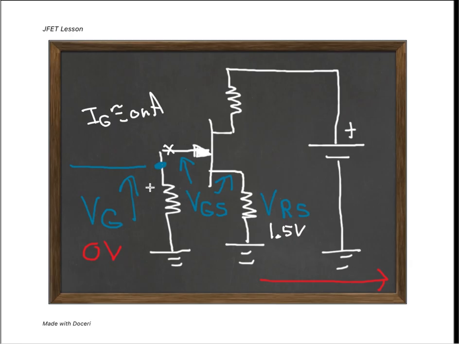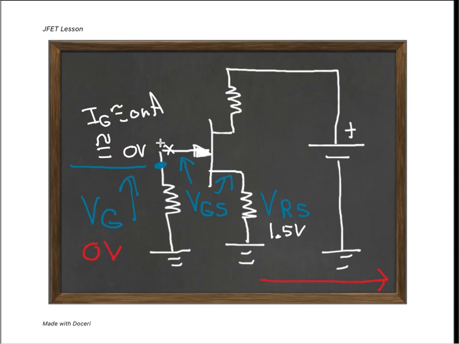So that means then essentially there's no voltage across this 10 megohm gate resistor because the current is so small. So if this is the ground, that means this point is virtually or essentially at the same potential as zero.